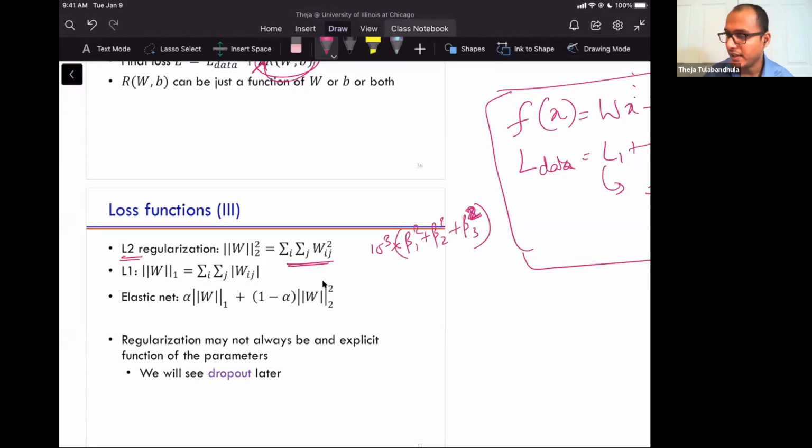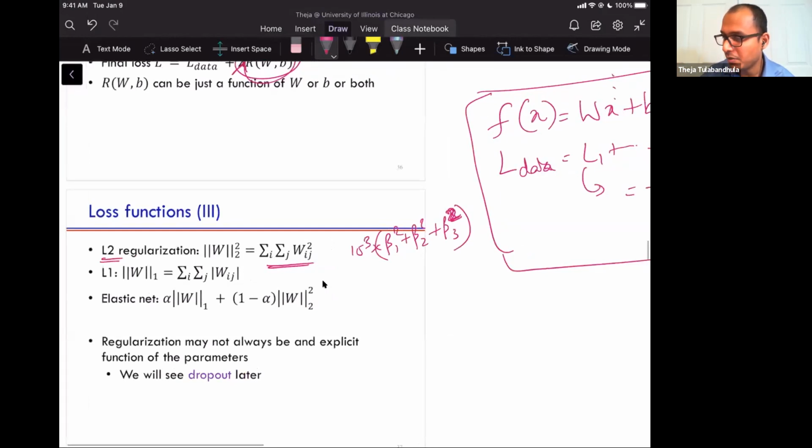But in general, don't worry about this beta. These are just parameters of a linear model, if you had used this notation before. Since we're using W and B, it's just the sum of the squares of the entries of the matrix or the entries of the vector, whichever you prefer. So that's it. L2 regularization just means this.